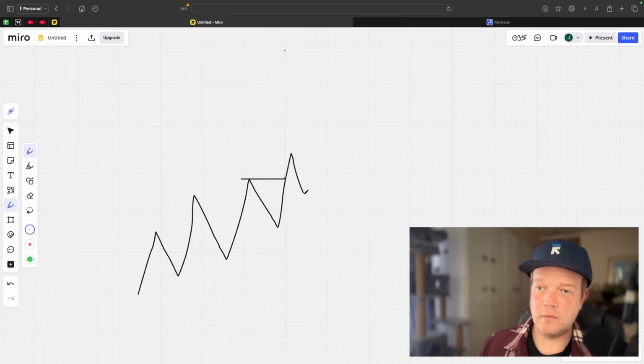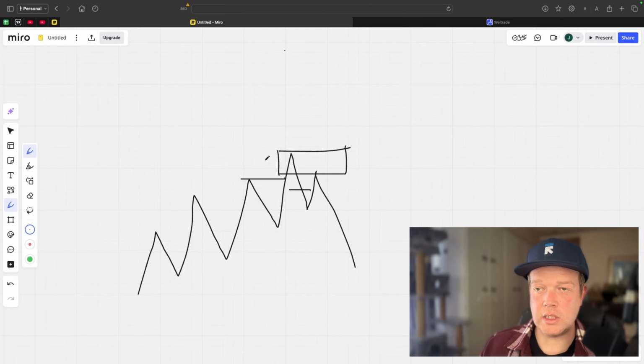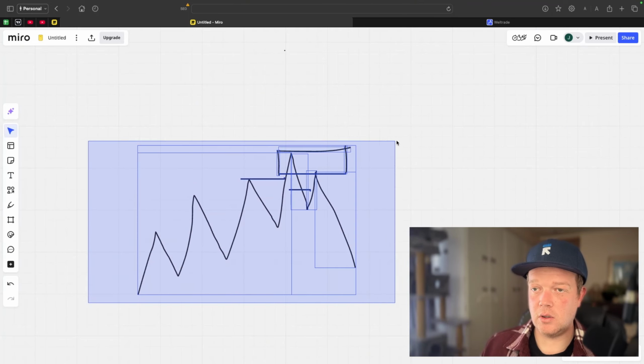Then we're going to wait for a market structure shift or break of structure. And then we are going to enter, or we can wait for the retest inside of the order block area that we are going to do. And then we are going to take a trade to continue downwards. Really easy, simple strategy. So that's what we are going to do.